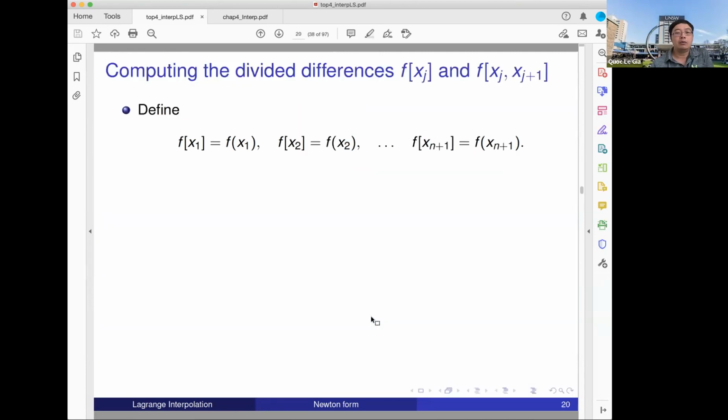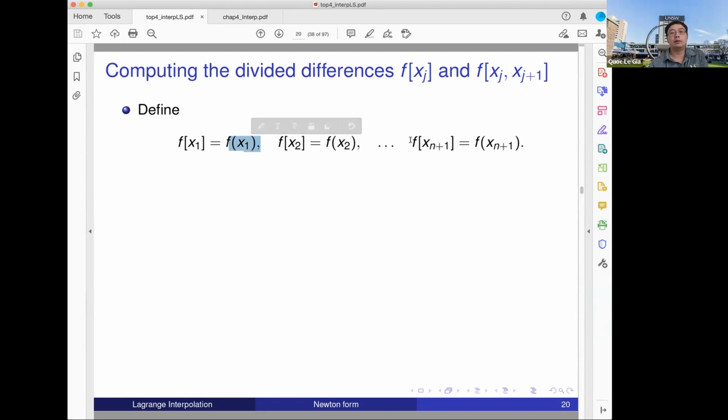And now, how do we compute the divided difference coefficients? By definition, suppose I have only 1 point, then I just take the value of the function at that point. So f of x1 is just the value of f at x1.